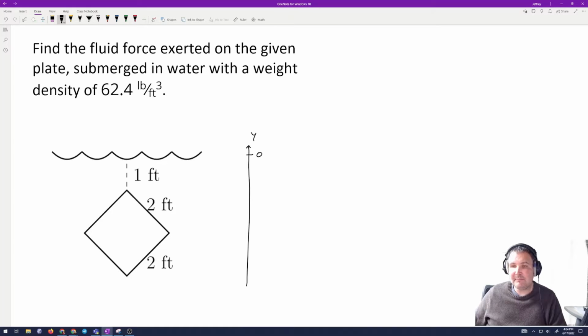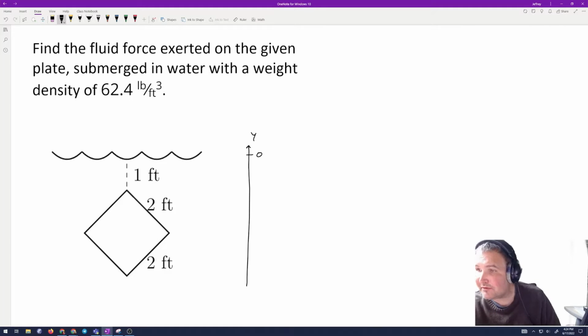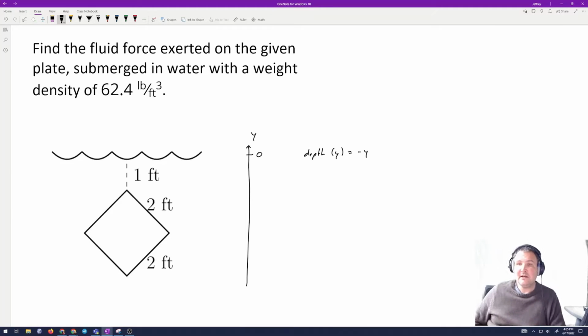And so we can imagine what the depth is. The depth at any point in the water then is negative y. If y is negative 2, then the depth is 2. So that's our depth function: the depth of y is negative y. And then we have the weight density, and then we just need the length.